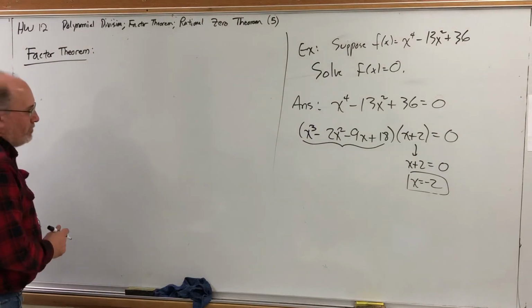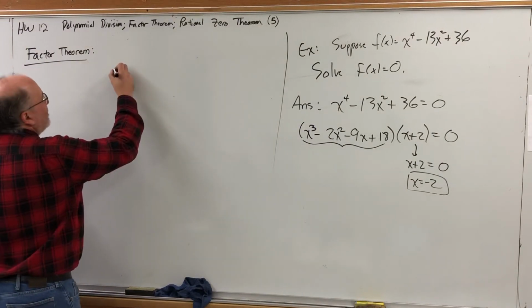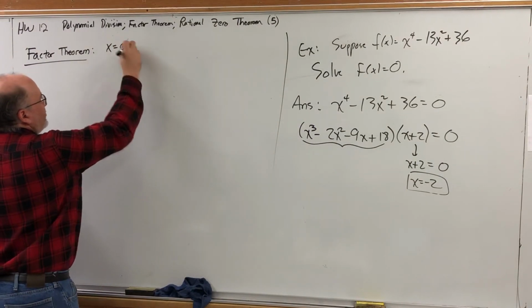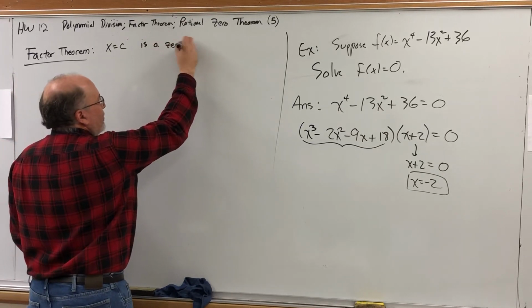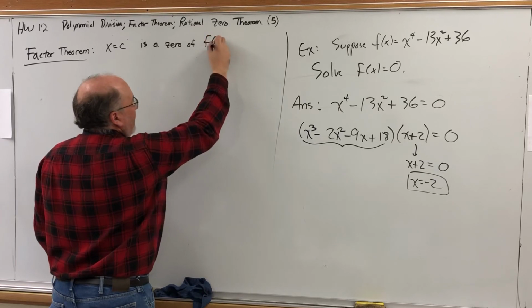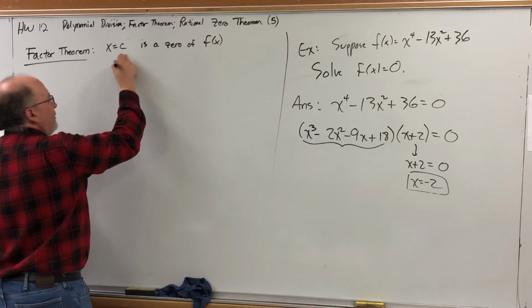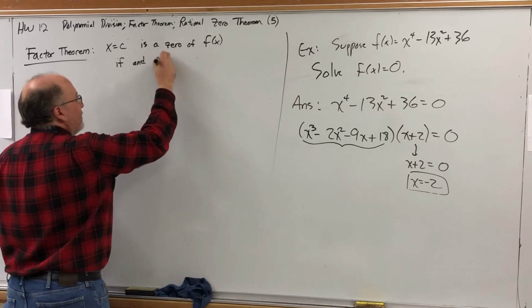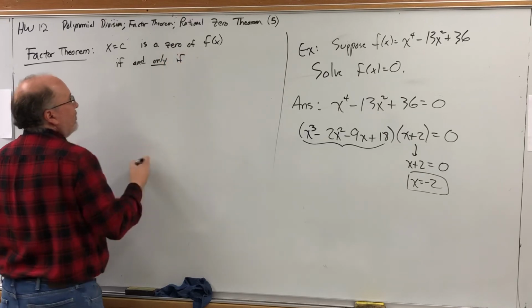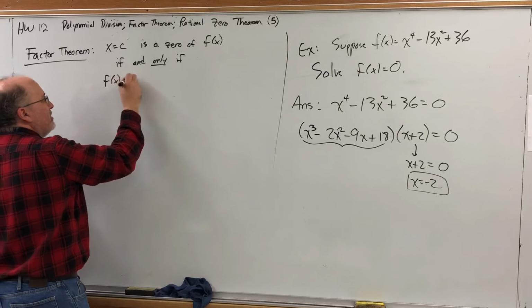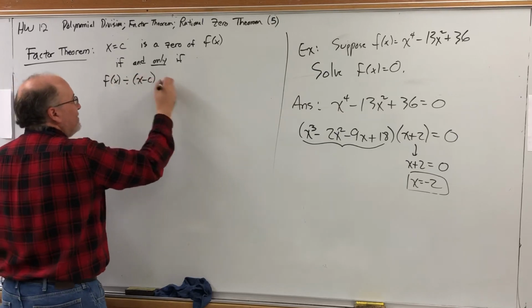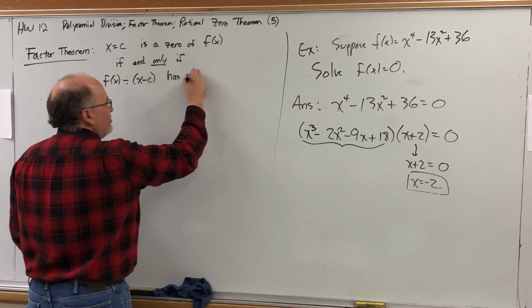But the factor theorem goes something like this. x equals a number, we'll say x equals c, is a zero of a function, f of x, if and only if f of x divided by x minus c has a remainder of 0.